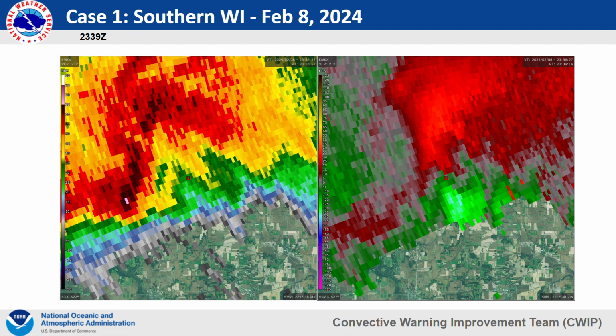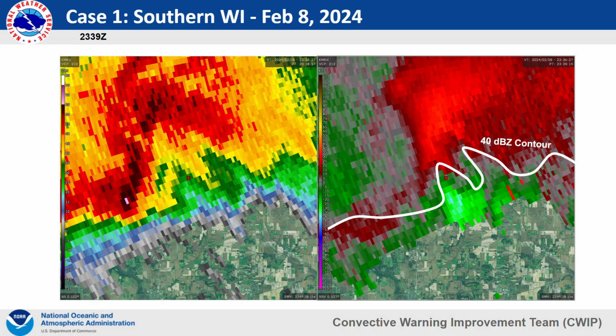So for the sake of argument, let's just say we had a spotter watching this event and said we had a tornado ongoing right here at 2339Z. And you may look at this and see, well, there is a broad circulation there. We should use that. But is that really the circulation for the tornado itself?